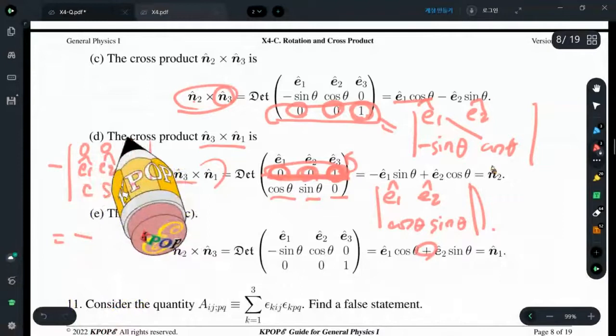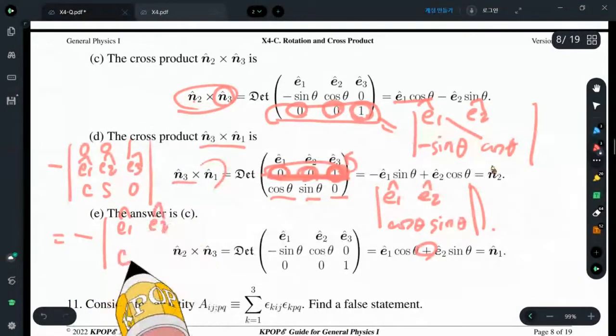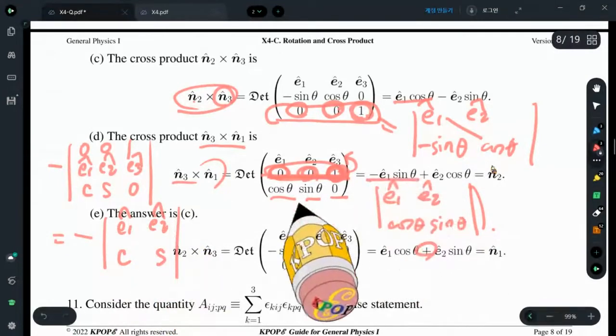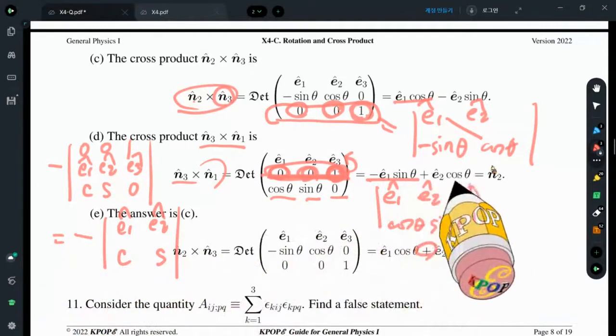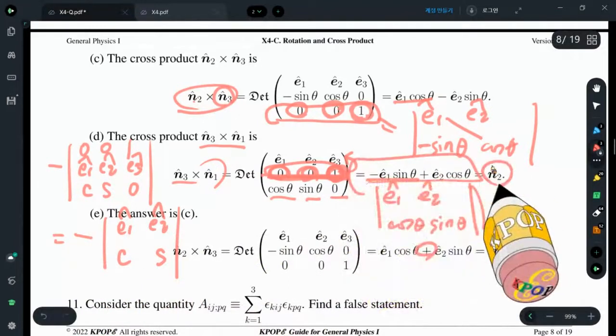So minus, and this one is 1, E1 hat, E2 hat, cosine, sine. So minus sine and minus minus plus cosine. And actually this one is n2 hat.